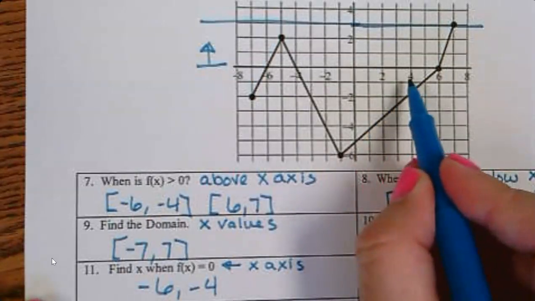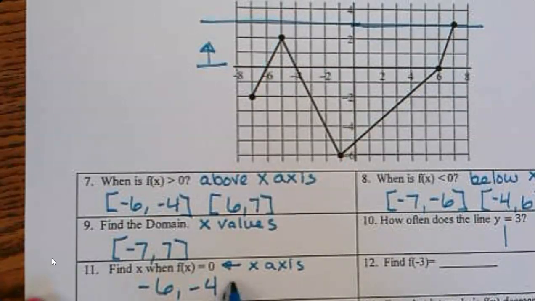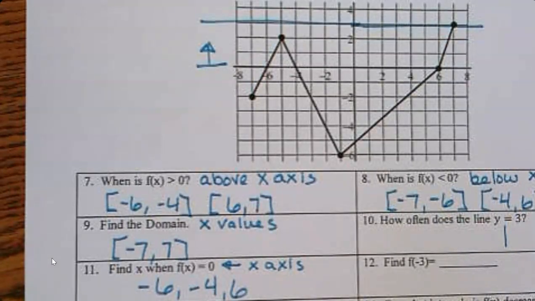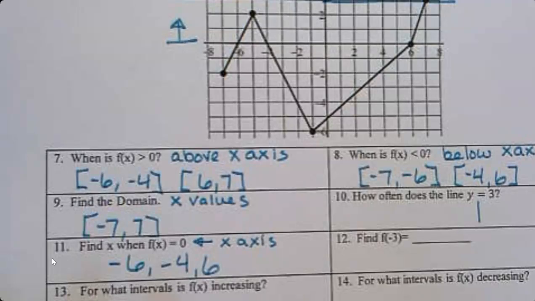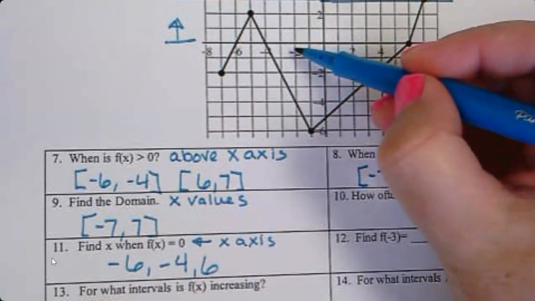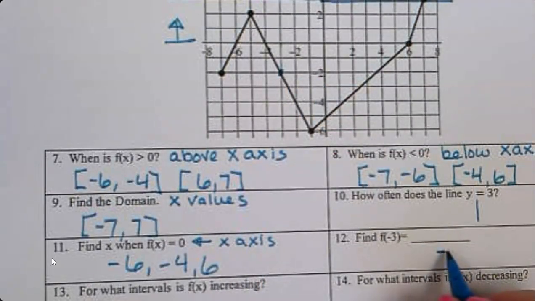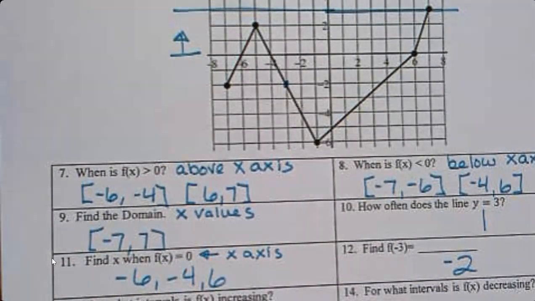And then look all the way almost to the end, to the right, and that's 6. So you want to be careful to look the whole length to make sure you're not missing an answer. F of -3, so here's -3. I intersect right here at -2.